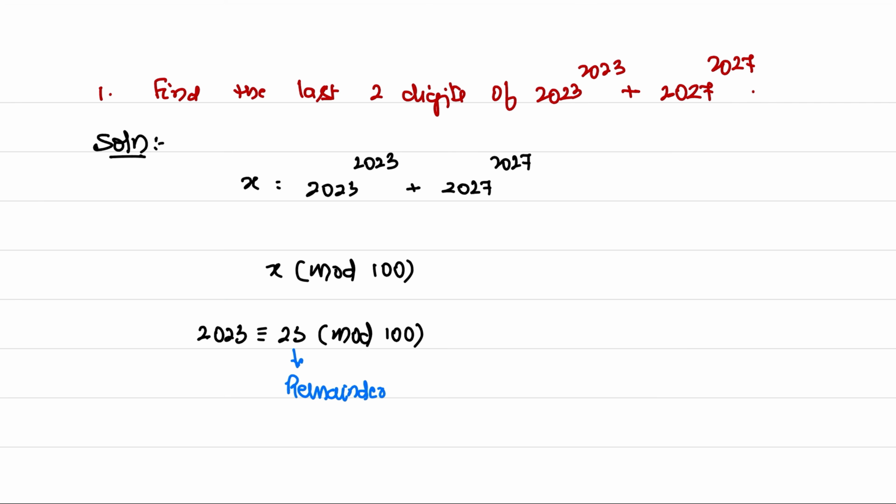Similarly, 2027 is equivalent to 27 mod 100. Here it is the remainder.